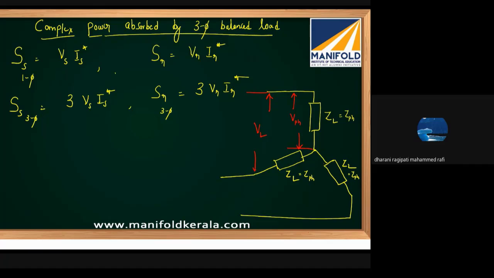Understand? Now, what is the complex power absorbed by this load, or complex power at receiving end, whatever may be. We interchangeably use these symbols. So the complex power absorbed by load will become how much? 3 times V phase, I phase conjugate. Whereas this is the phase current or line current. In star connected, both are same.